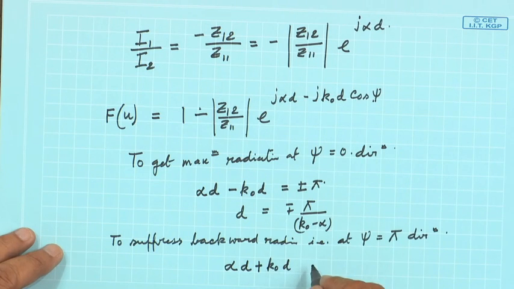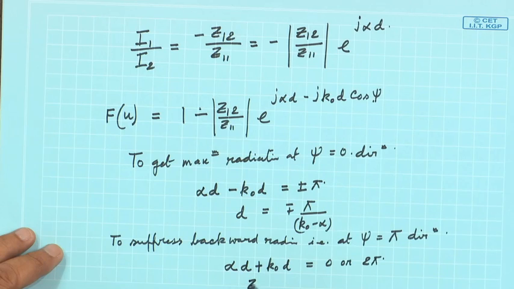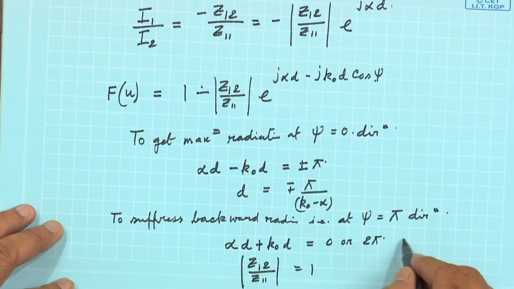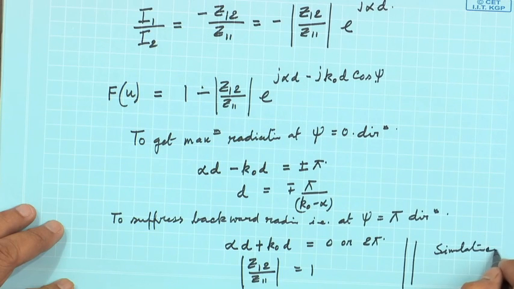So, alpha d plus k naught d should be either 0 or 2 pi, and also I want the magnitude of Z12 by Z11 to be 1. Both should be simultaneously satisfied, a simultaneous condition if I want to produce a back null.